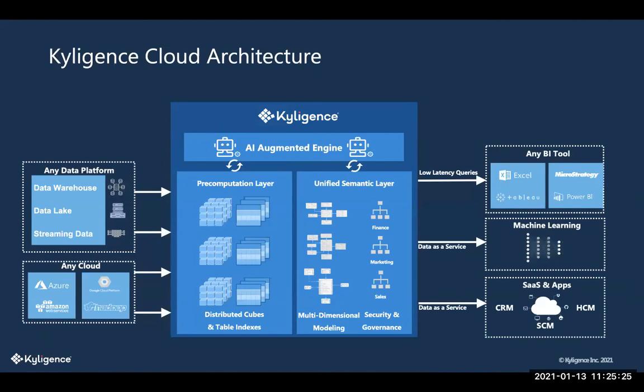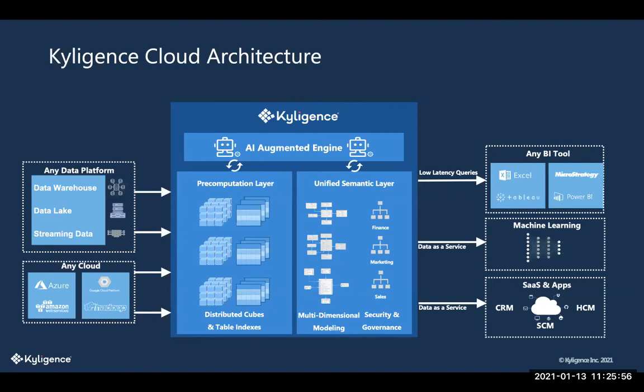And the core product supports low latency queries transparently to any BI tool, including Excel, Tableau, Power BI, MicroStrategy, Qlik, and so forth. But we also serve very fast data for machine learning applications. And as I mentioned, SaaS companies that want to provide analytics to their customers can do so in a very fast and scalable manner with Kyligence.